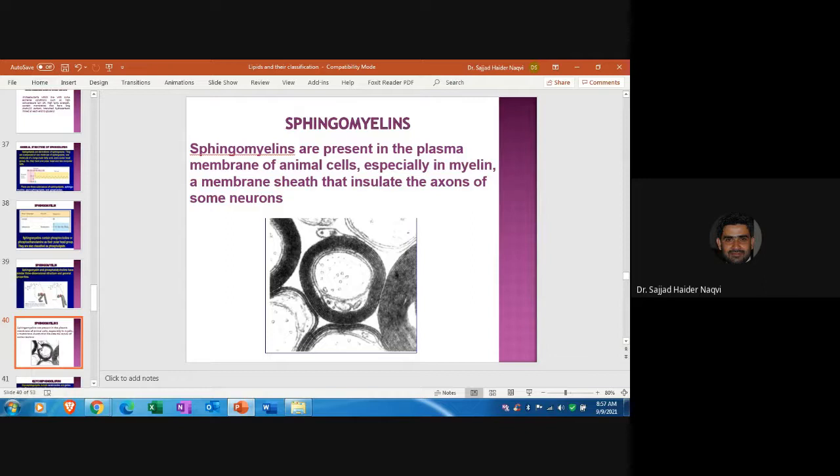Myelin sheath is a membrane, a protective membrane that insulates the neuronal cells, specifically the axons. So sphingomyelin is the structural component of that myelin sheath structure, which insulate the axons of some of the neurons. That's why I said that sphingomyelins are important lipids structure in the nervous tissues.